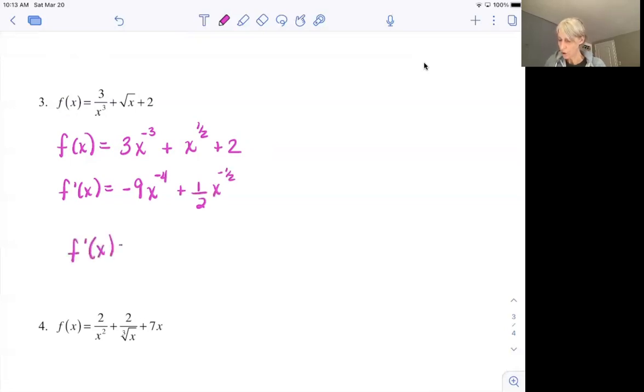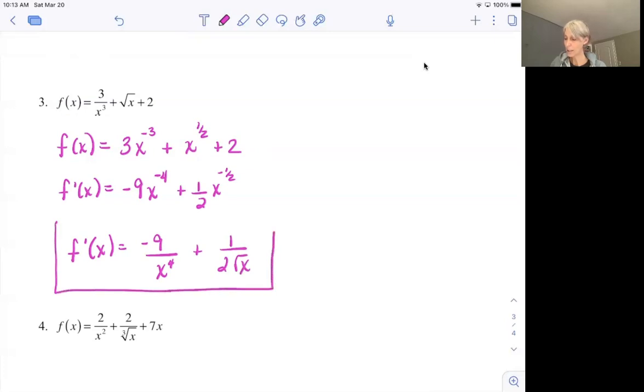And depending on the instructions, you just want to be able to do this if you have to. Okay, most likely for the first test, I'm going to make you write it back to positive powers, square root signs.